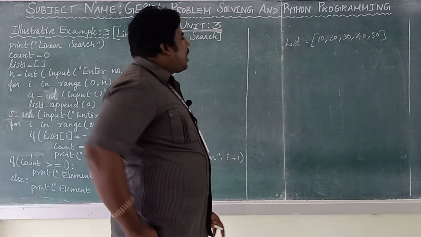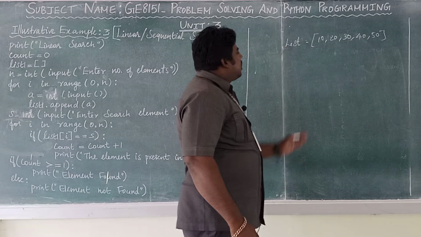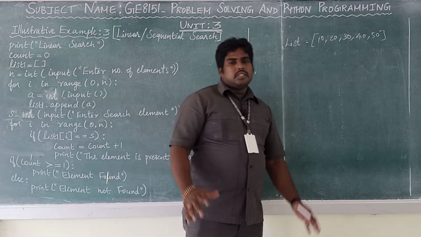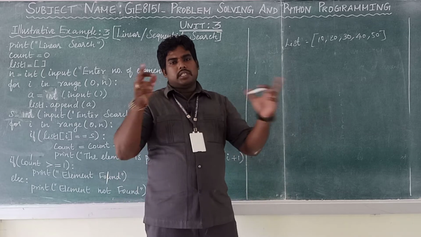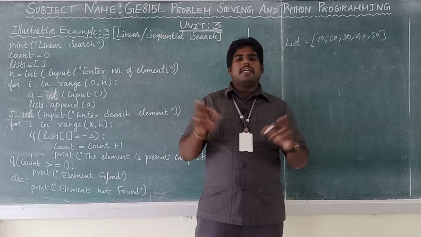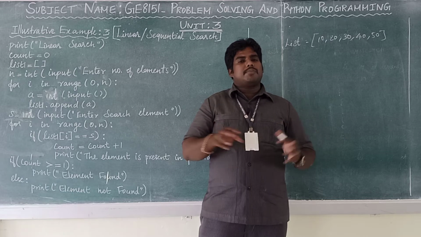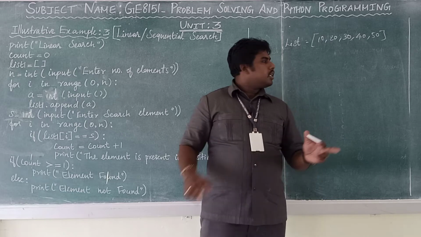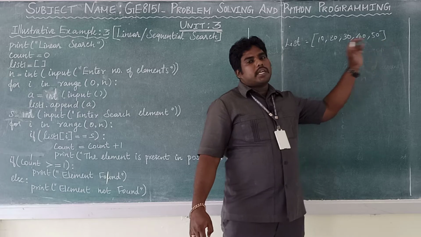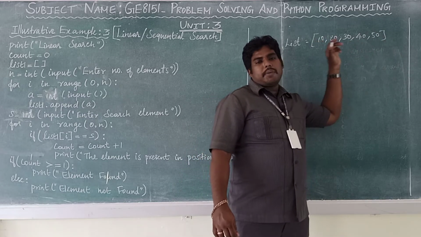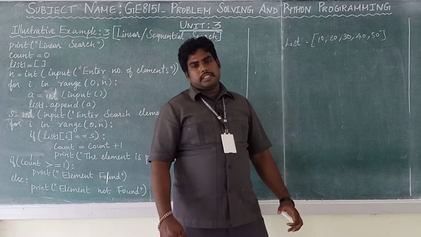How do you say it is a list? A collection of data enclosed within square brackets. Here I am taking a collection of numbers enclosed with square brackets; we can say it is a list.